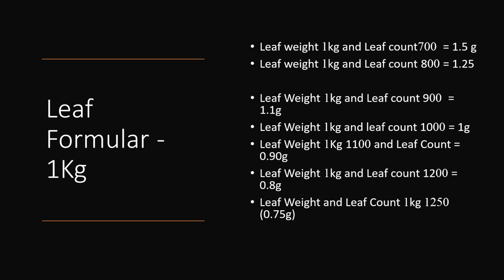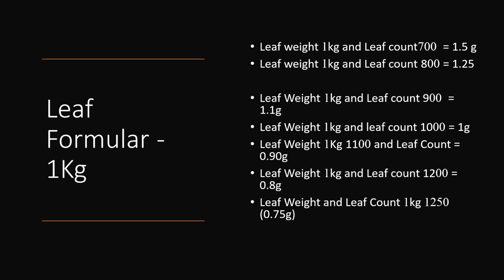We had a field study about the variations in the weight of the green leaves. According to this study, on some estates they have to pluck around 800 leaves to generate 1 kilogram of green leaf. That means the weight is reduced to 1.25 grams per leaf.